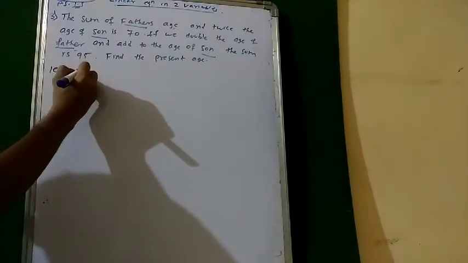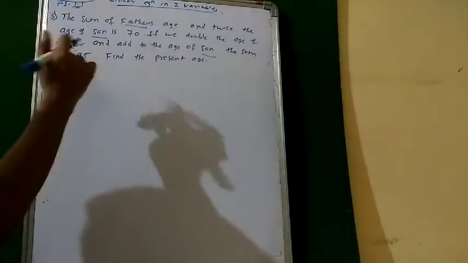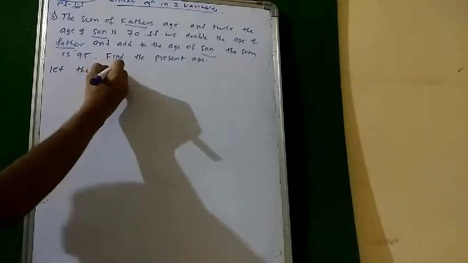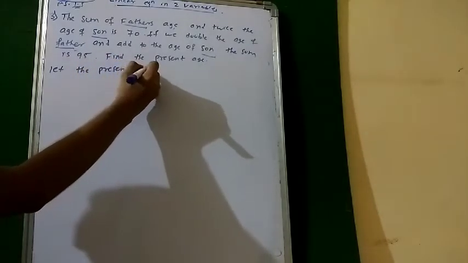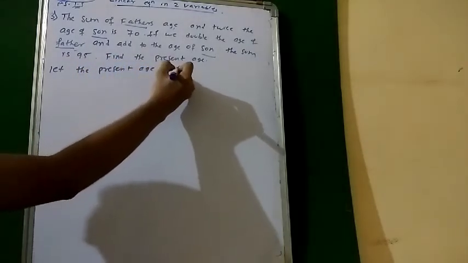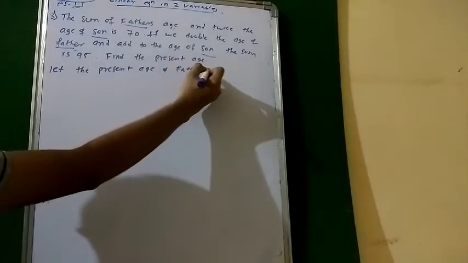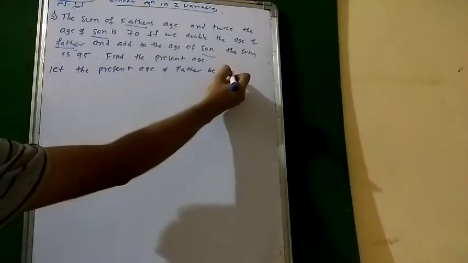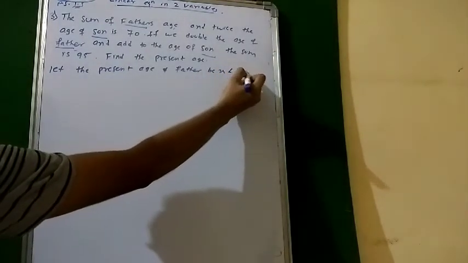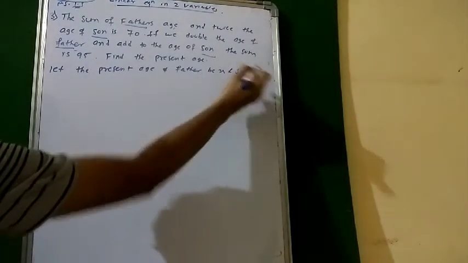I will assume that, whenever we are solving sums of ages, we should take the present age. Let the present age of father be x and son be y.